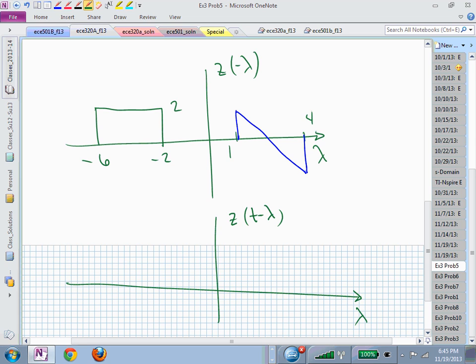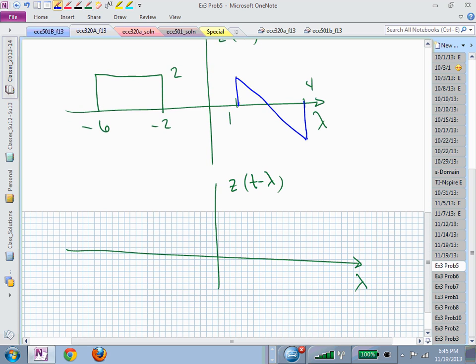horizontal labels of z of minus lambda so that now I have, what's that going to be? This is going to be t plus 4, isn't it? What's this going to be? Is this making sense?